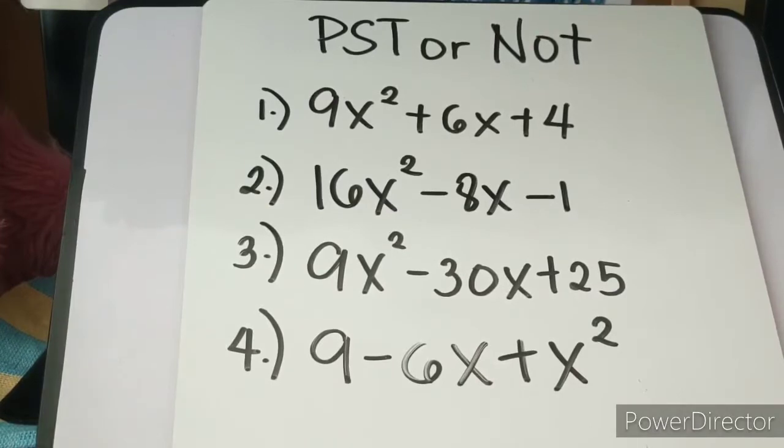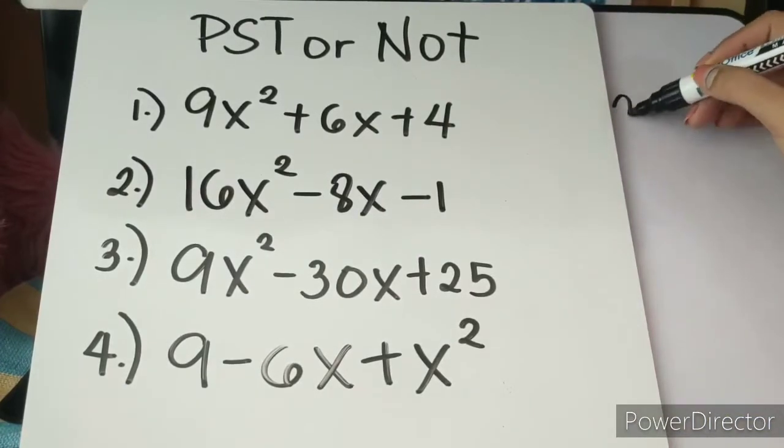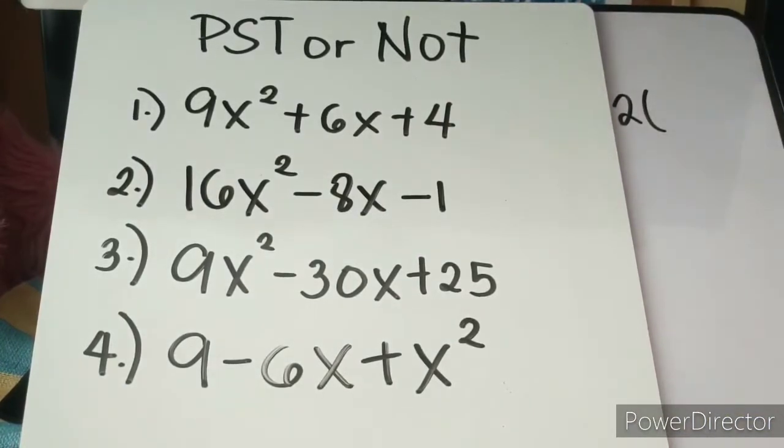Ngayon, as you can see, we have our first is 9x squared plus 6x plus 4. Okay, 9x squared is a perfect square kasi 9 is 3 times 3, x squared is x times x. And then 4 is 2 times 2, perfect square. Ngayon, ang kailangan natin tignan is yung middle term or yung second term. Twice ba siya ng product ng square root ng first term and ng third term? So, let's see. Ano ba yung square root ng first term natin? 3x.